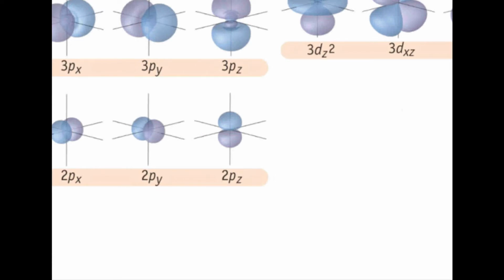Okay, so you've got some likelihood of finding your electron up in this space. You've got an equal likelihood of potentially finding your electron down in this space. But you have a literal 0 chance of finding the electron in the interstitial space between those two lobes.